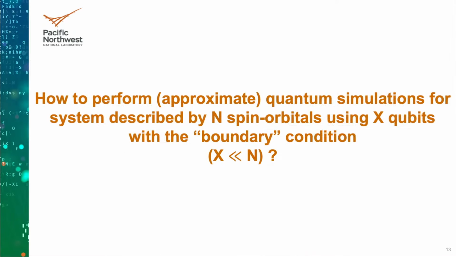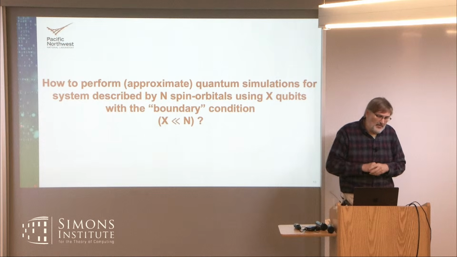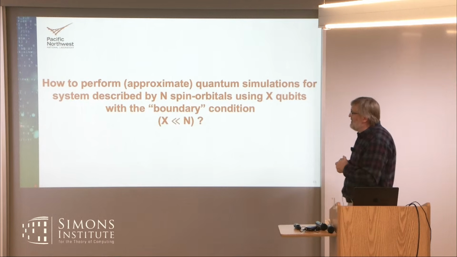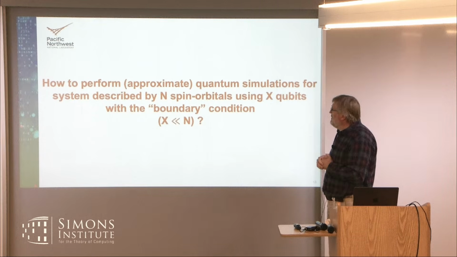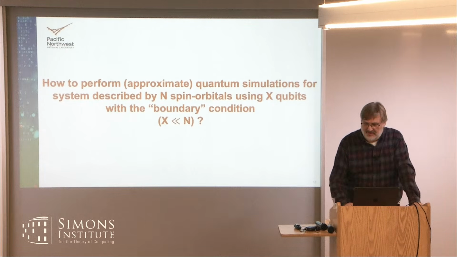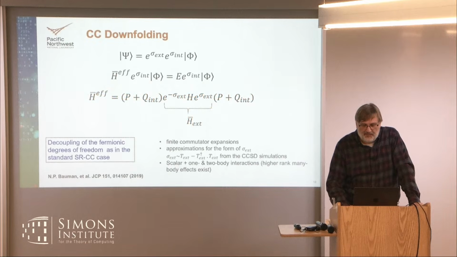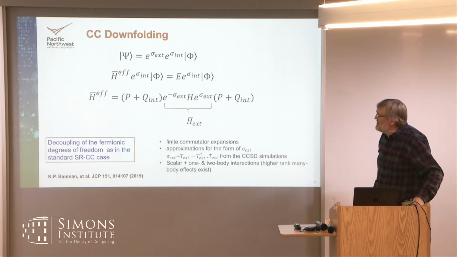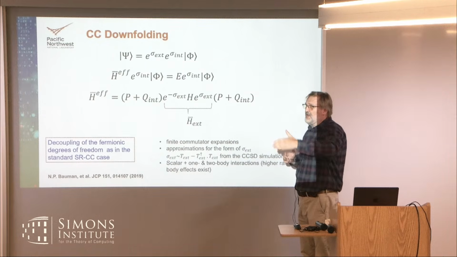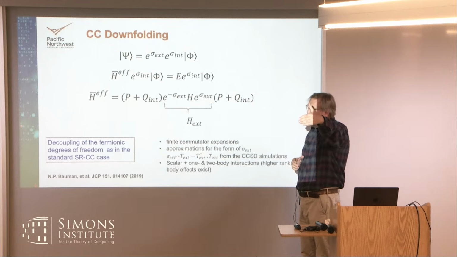So let's move on to quantum computing and how we are going to utilize those things I've been talking about in performing quantum simulations of big systems with a reduced number of qubits. Our first attempt was based on the extension of this SES theorem, right?